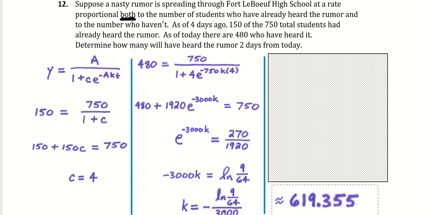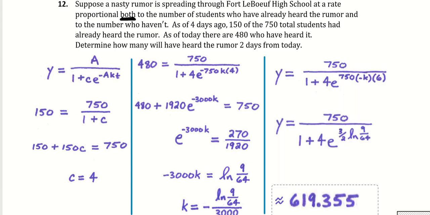So if you can't see this on the screen, that says 3,000. And now that you have your little c and your k, which, well, I don't know if I was being lazy or just trying to keep things nice and tidy. But remember, this needs to go in for k, and this negative would actually cancel with that negative.